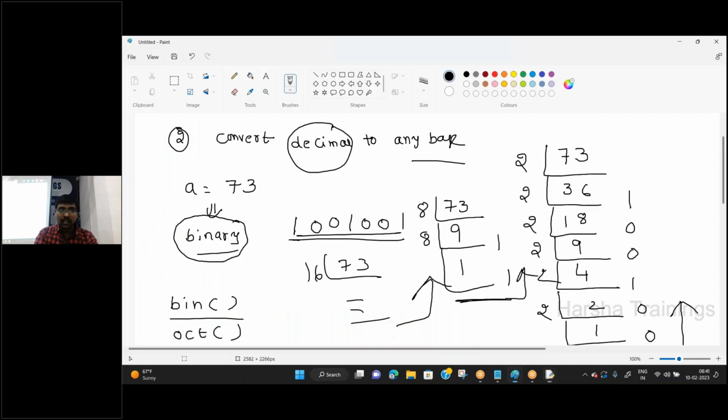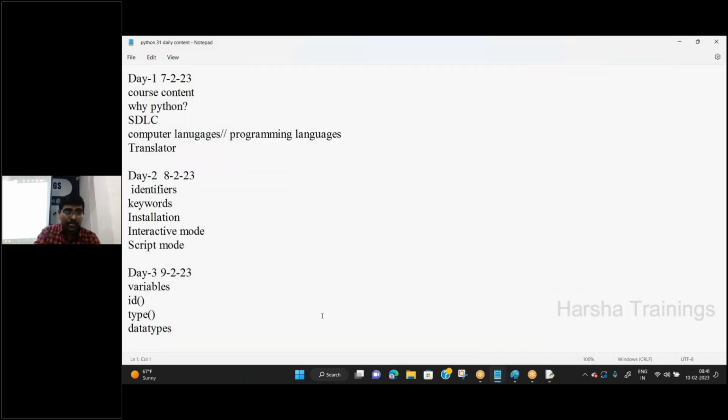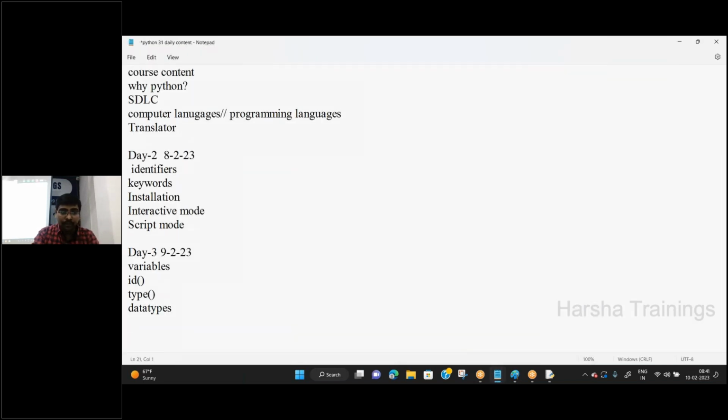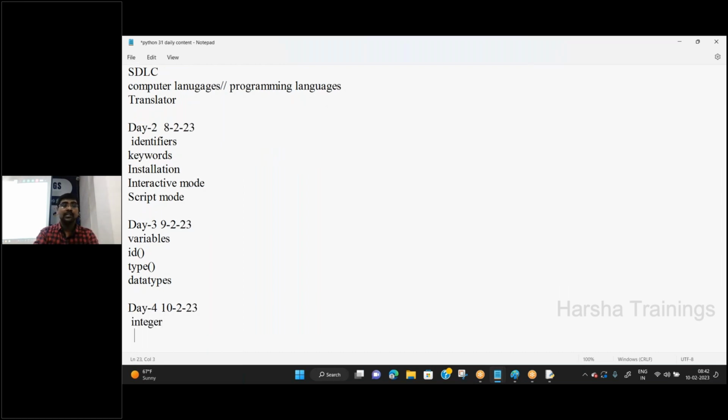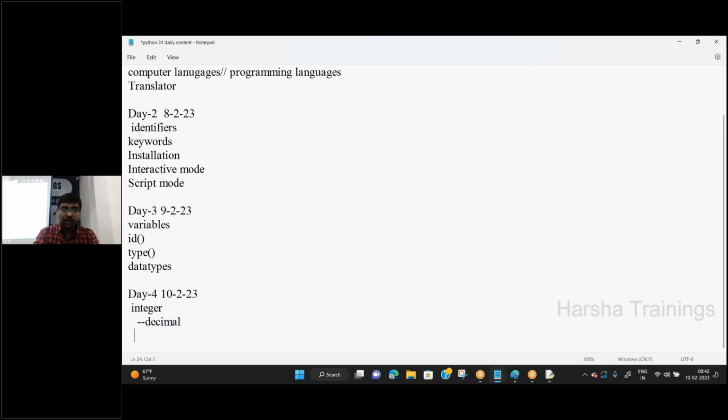Okay, my basic topic is completed. What is my basic topic? Integer data type. Under the integer data type, I will write down in the notepad, so remember what we discussed today, day 4. My first topic is the integer data type. Under integer, what are the different types of numbers?